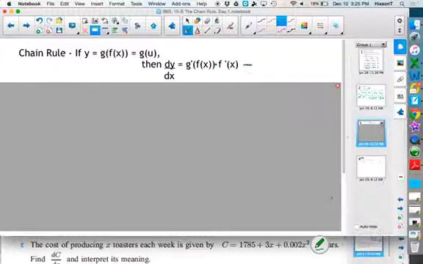Or if you want to use u, it would be g prime of u times u prime.